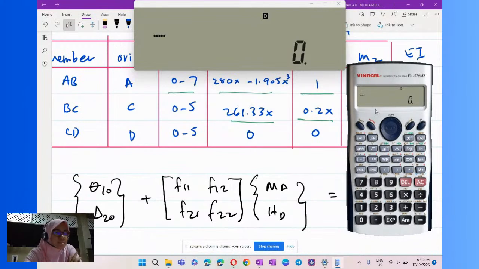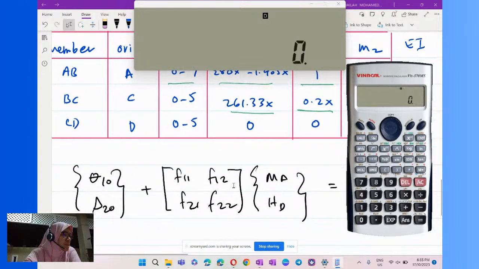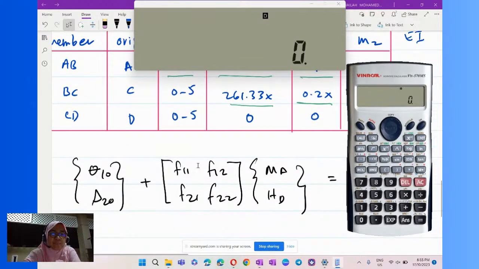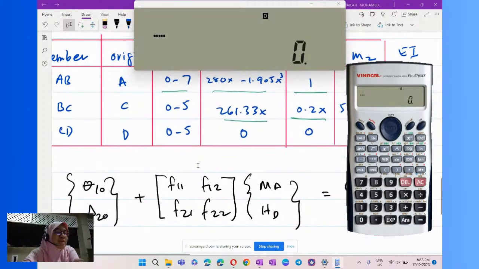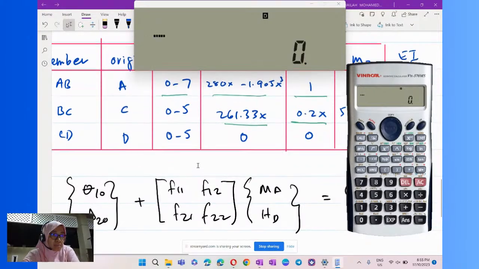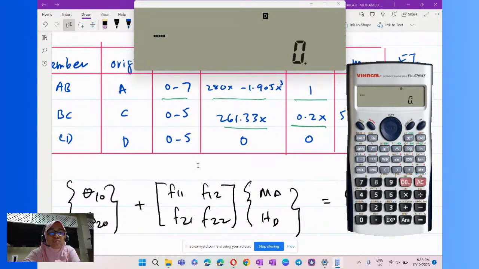Okay, so now we will fill in all the displacement symbols with the displacement values. The first value to be determined is theta 1 naught.